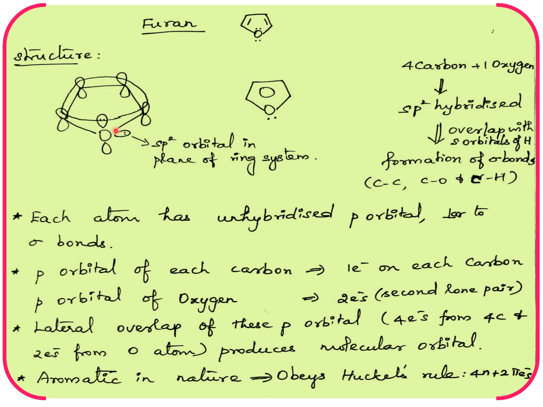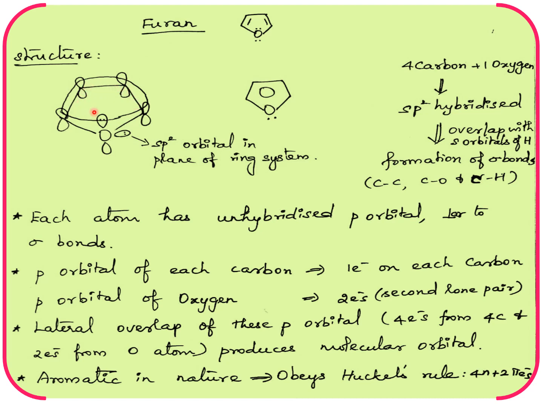Here in oxygen, we have 2 lone pairs of electrons. One lone pair of electrons is involved in the delocalization of the pi electrons. That is, these 4 carbons already have 4 pi electrons.